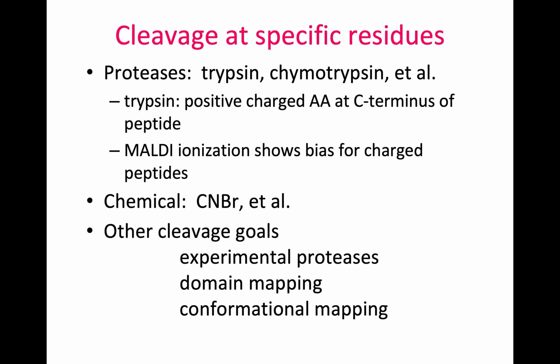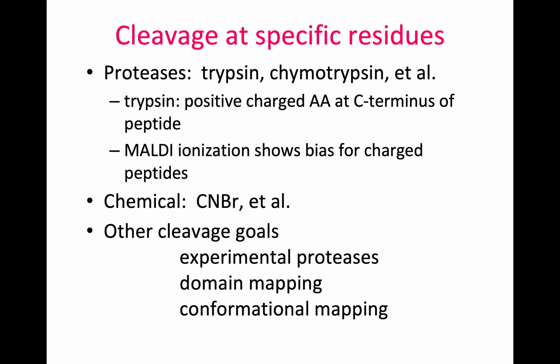So let's have a look at the cleavage, because cleavage is actually very important in peptide mass fingerprint and protein identification. Cleavage is done using proteases, not just any enzyme. It has to be an enzyme from the protease family. The most common are trypsin, chymotrypsin, pepsin, elastase, and so forth.